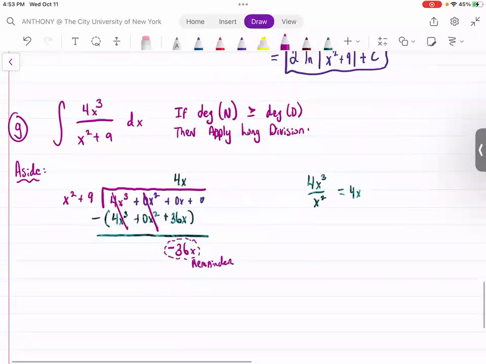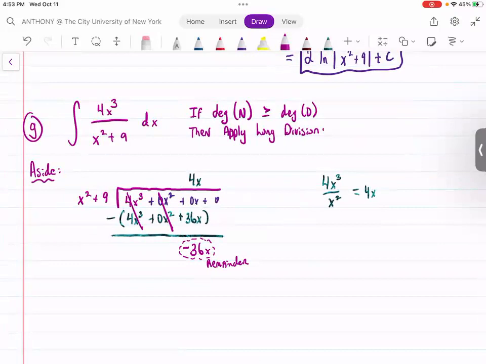So what I showed you in this example is that 4x to the third over x squared plus 9 can be rewritten as 4x minus 36x over x squared plus 9. And this now becomes a little easier to integrate.